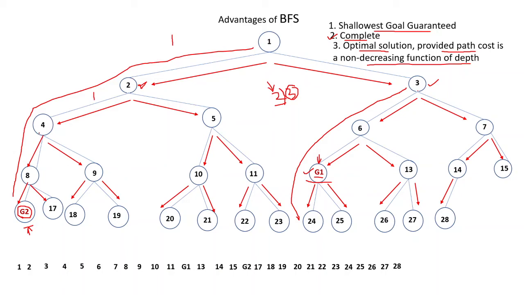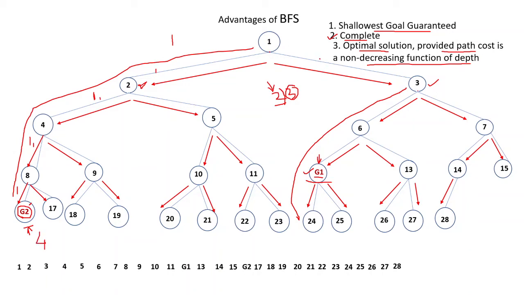That is, the path cost of moving to each successive level is 1, that is from 4 to 8 it's 1, and 8 to G2 it's 1. So the cost of moving from node number 1 to node number G2 will be 1 plus 1 plus 1 plus 1, that is 4.